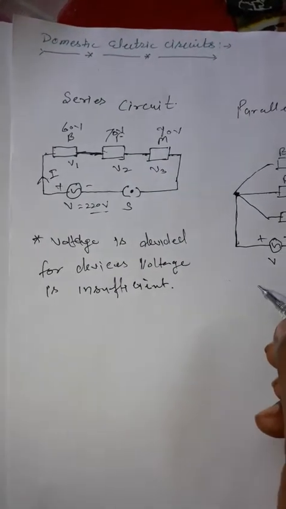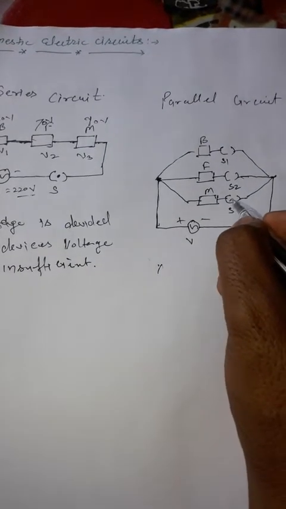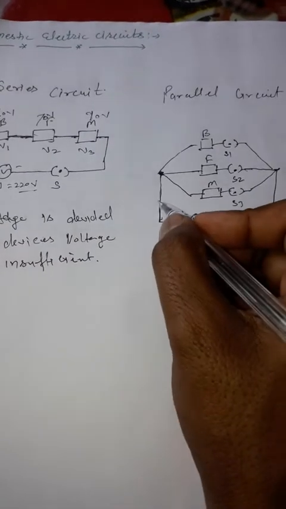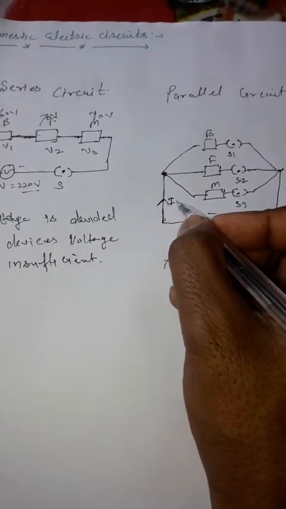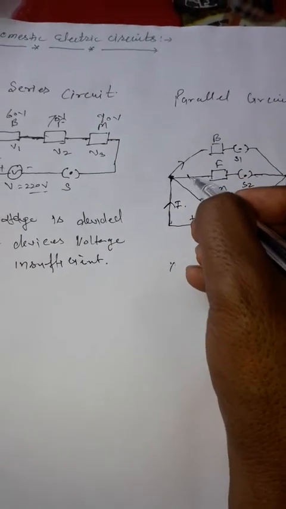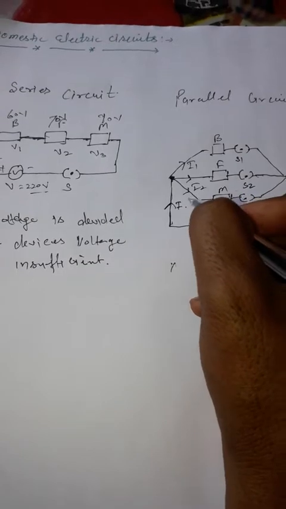On the other hand, in case of parallel, when switches are closed, then a current is flowing through the circuit, say current I. Then at this point, current is divided, say current is I1, I2 and I3.